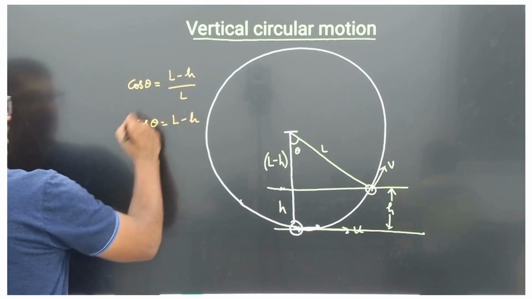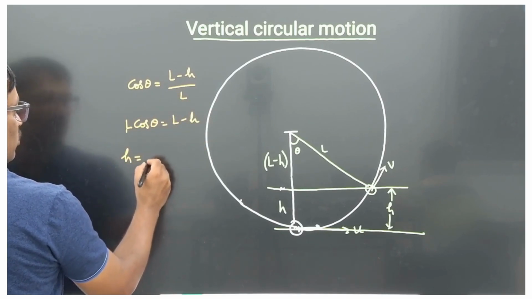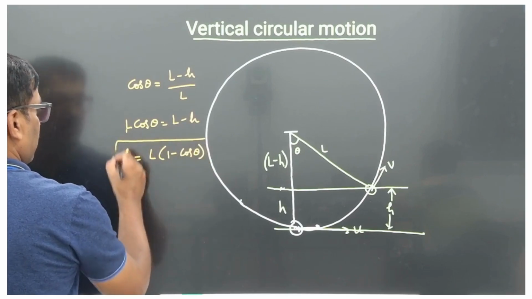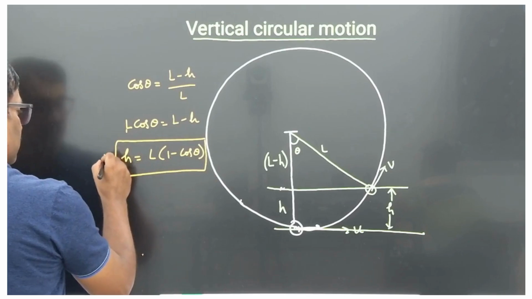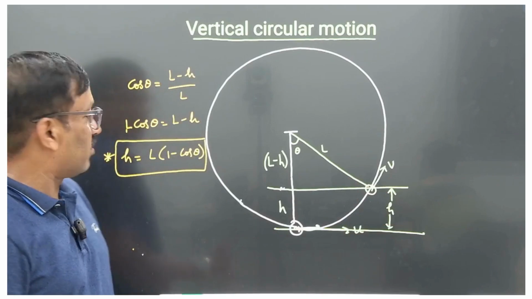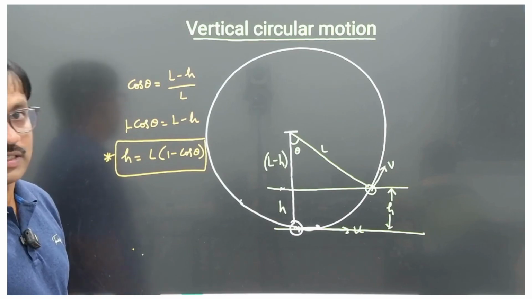Taking h to one side and L cos theta to the other, h is equal to L of 1 minus cos theta. This is the formula to calculate this height. So first we got the height, h is equal to L of 1 minus cos theta.